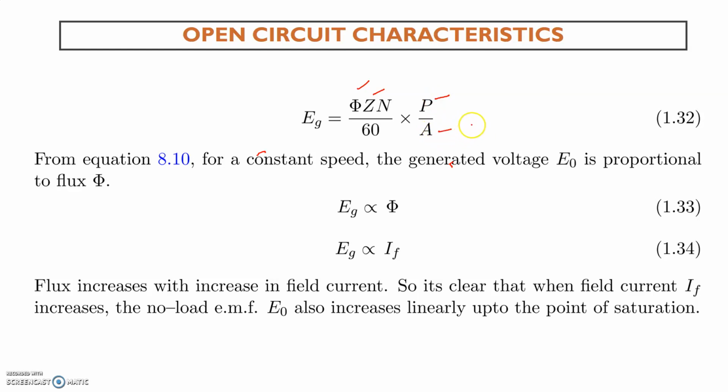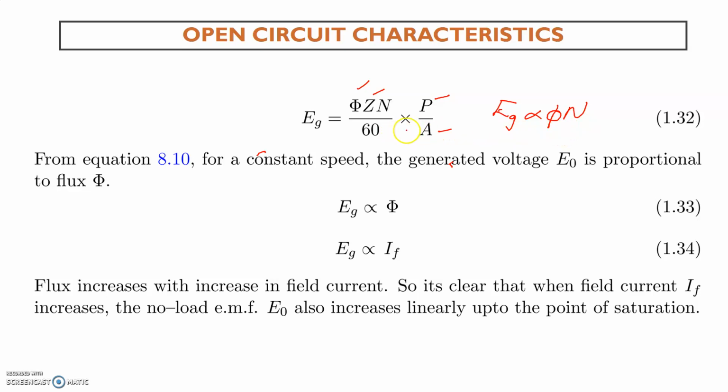So for a generator, the variables are phi and N. That means the generated voltage is proportional to the flux per pole and the speed in RPM.